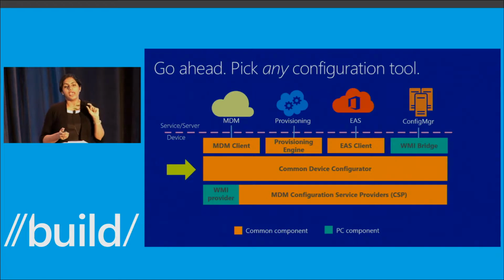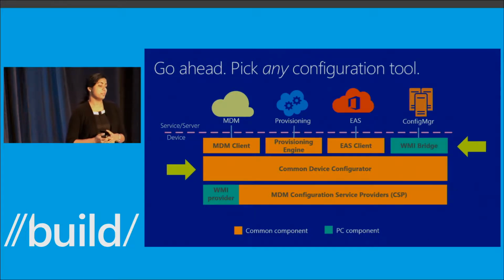And so what happens is any configuration that you apply, because of it going through that common layer, the device itself is able to automatically resolve and pick the most secure configuration of the same. Second, System Center Configuration Manager uses Windows Management Instrumentation, or WMI, to configure settings on a device.